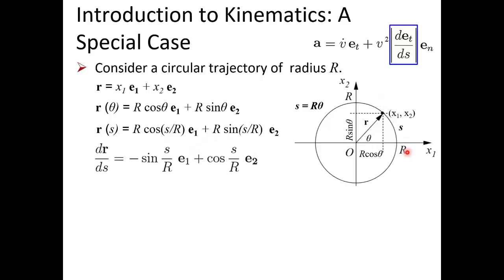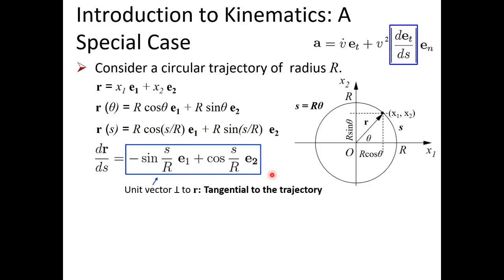And then if you take the first derivative to find dr over ds, it is this one, and this is a unit vector because the magnitude, sine squared theta plus cos squared theta, is 1. Therefore, this is obviously the unit vector. And this one is perpendicular to r.